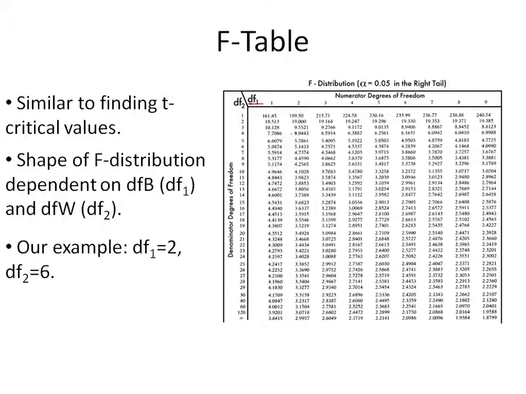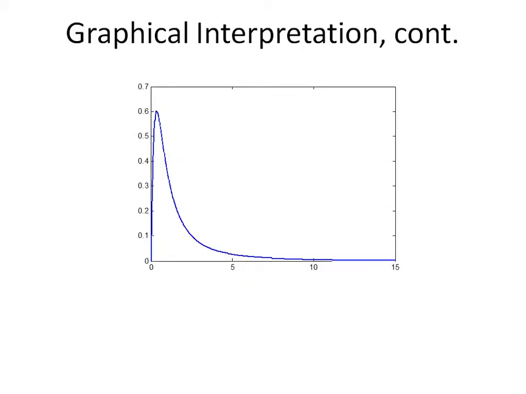So we start in the top left, go over to 2, which is our numerator degrees of freedom, then go down to 6, which is our denominator degrees of freedom, and that value is 5.1433. That's our F critical value.